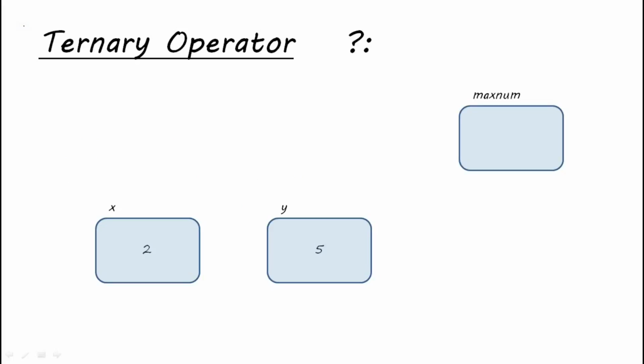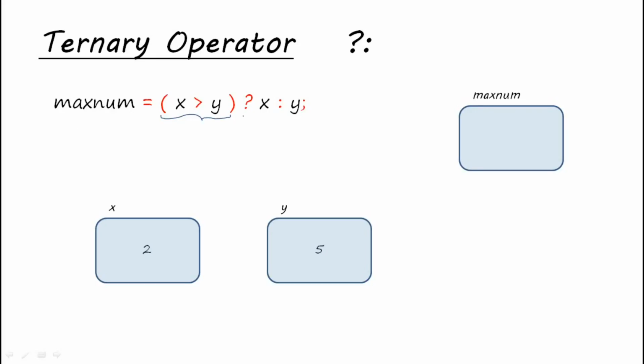This is something interesting. The ternary operator gives you the power to make your program take decisions. So let's say you have something like this. It first checks x > y. This evaluates to false in this case because x is 2 and y is 5. Then you have the question mark sign.